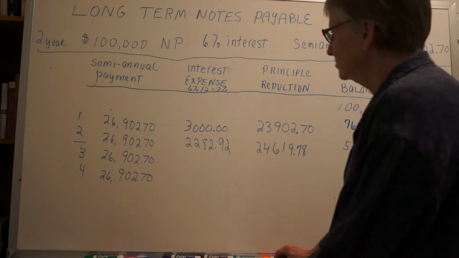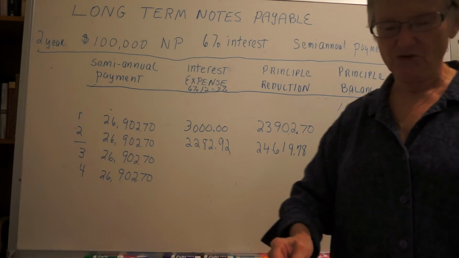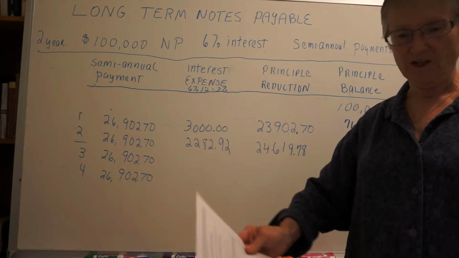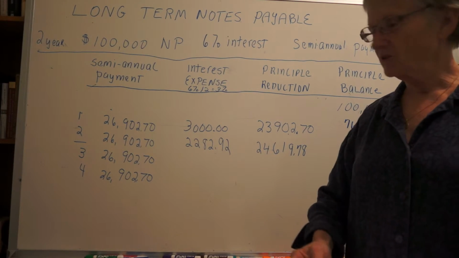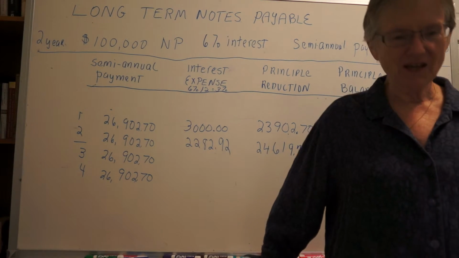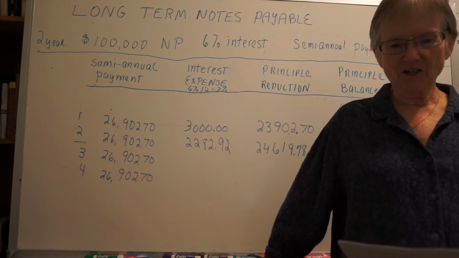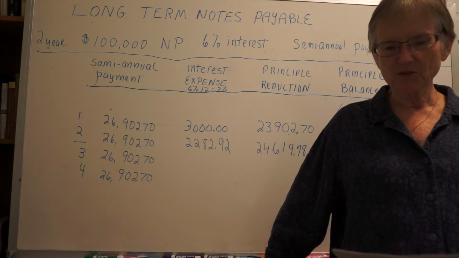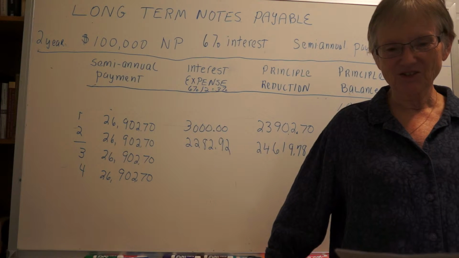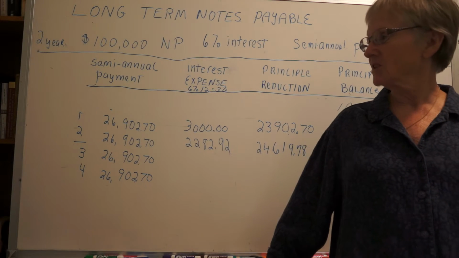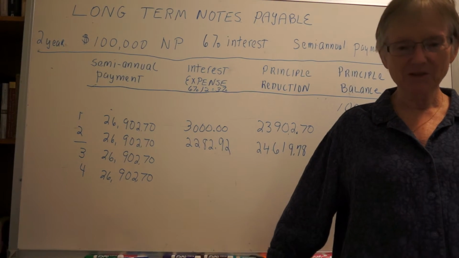Okay, so I'm going to leave you to look at how those journal entries would be done. I want to ask you to look at the next page of notes, which has a $100,000 note payable, 6% interest due in 10 years with monthly payments. And so this is set up exactly the same way as what I just set up here.